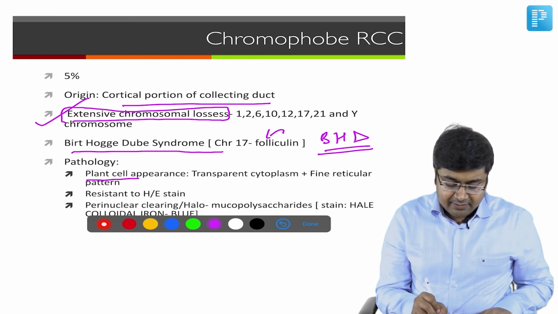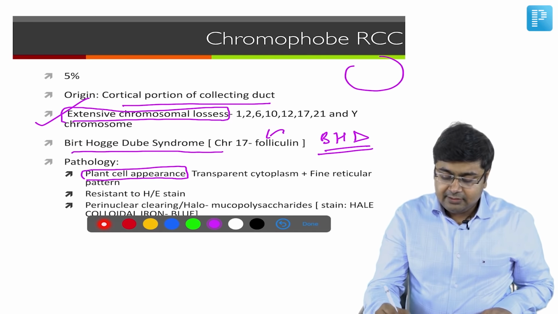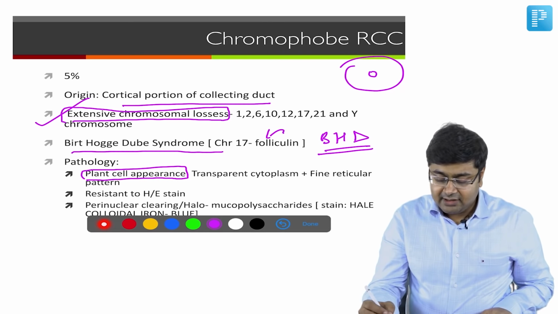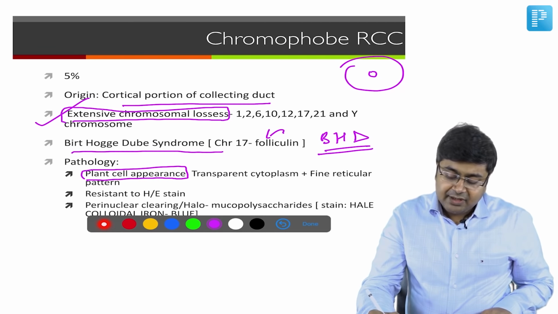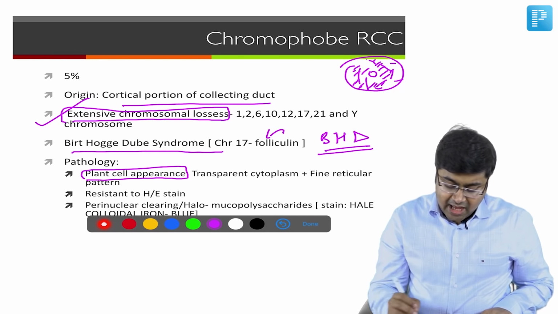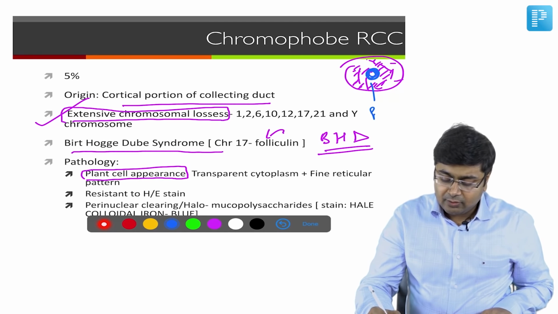First is the plant cell appearance, that is, it has a cell, it has a nucleus, and the cytoplasm is pretty clear. We have a reticular pattern in the cytoplasm and there is a perinuclear halo.